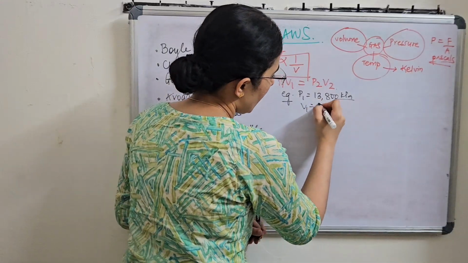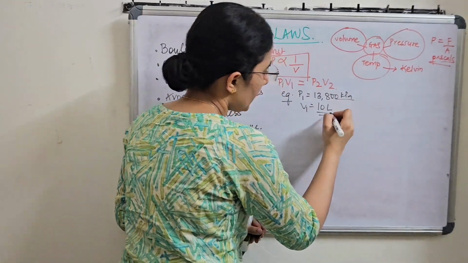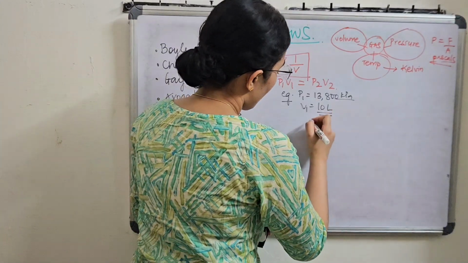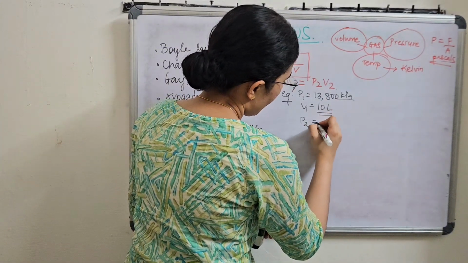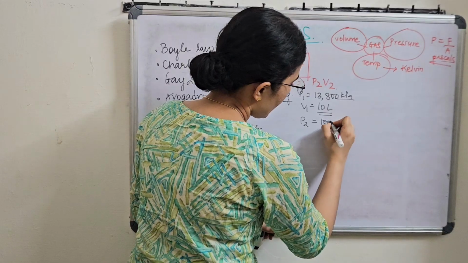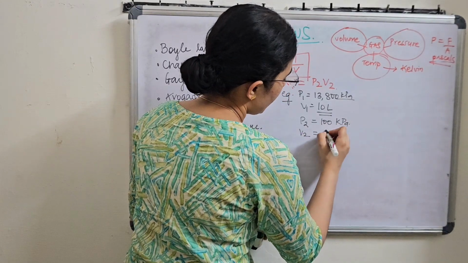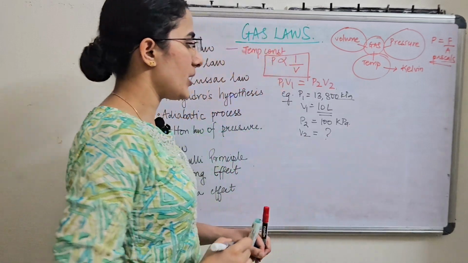And V1 is the volume of the cylinder, for example, a 10 liter cylinder. Now P2 is 1 atmospheric pressure, which is 100 kilopascals. What will be the volume at 1 atmospheric pressure?